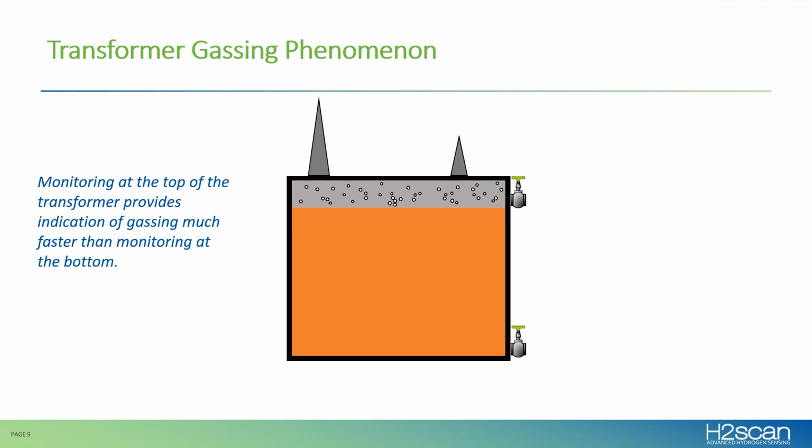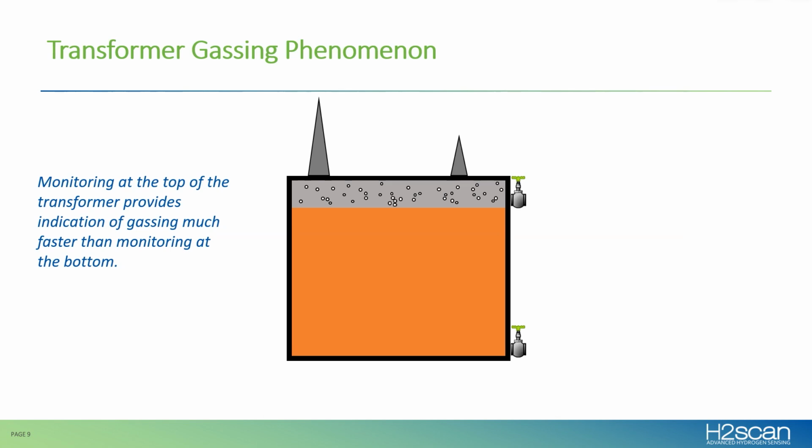So if you're in the gas space, and we're talking specifically about hydrogen here, but it should also apply to the other gases, what happens to hydrogen in the gas space? At H2Scan, we know lots about this because we make hydrogen sensors, and we calibrate and validate those, and have spent years studying this phenomenon. We know that hydrogen equilibrates very quickly in gas space.